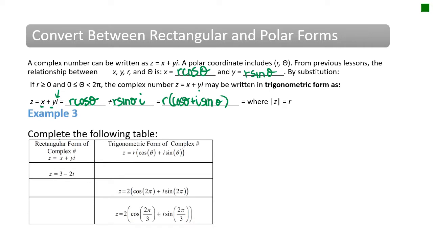So if we had to complete this table of values, we can totally do that. Looking here, on this first problem, our x value is 3, our y value is -2.